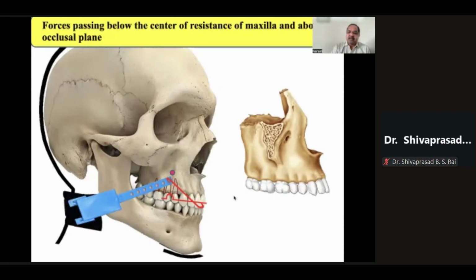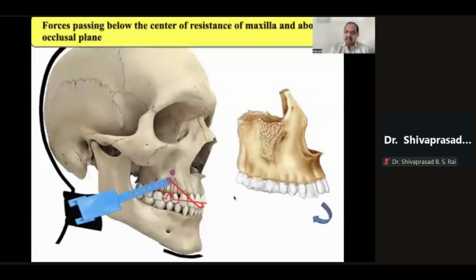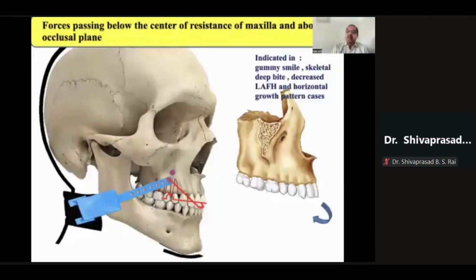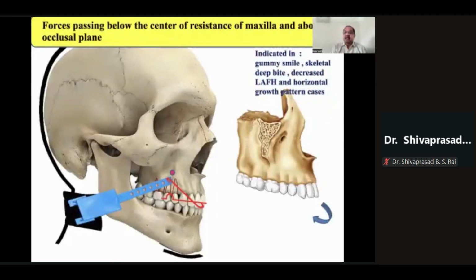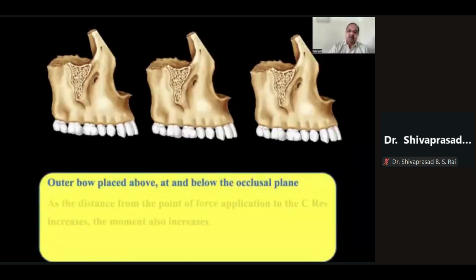What do you expect? A clockwise rotation of the maxilla with extrusion of posteriors and intrusion of anteriors. And this is again indicated in gummy smile cases, decreased lower anterior facial height cases, and horizontal growth pattern.